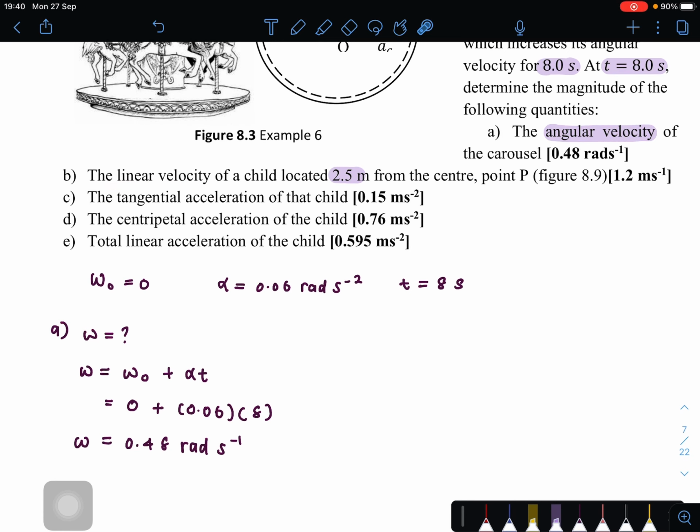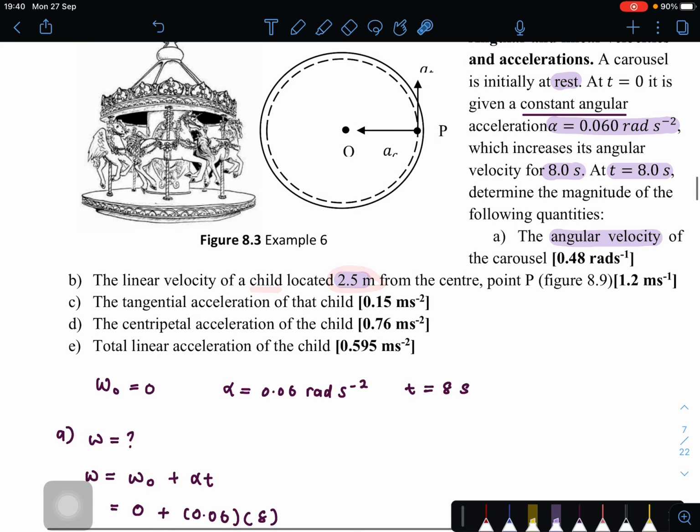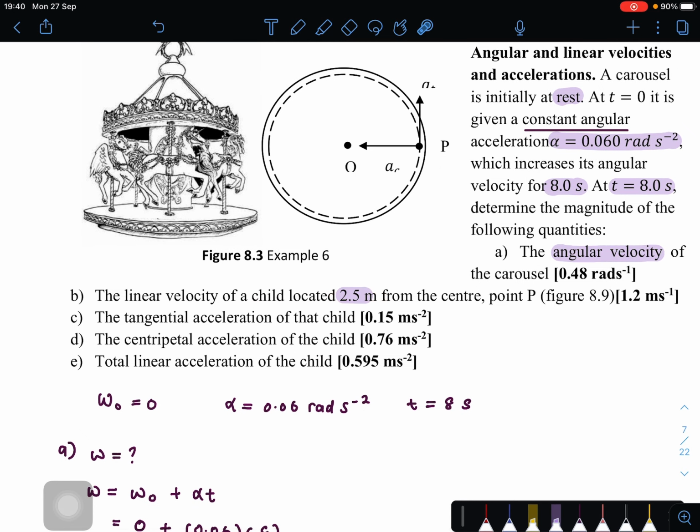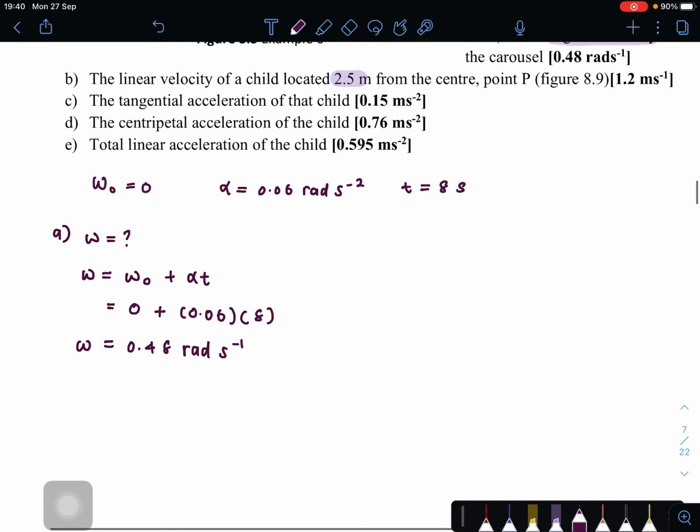Okay, linear velocity of a child located 2.5 meter from the center, which is at point here. So the child is at point P here, which is 2.5 meter. Okay, 2.5 meter from the center. So this one is the value for the radius. Okay, so now we want to find linear velocity, which is value untuk V. So this one kita kena relate dia dengan angular velocity.